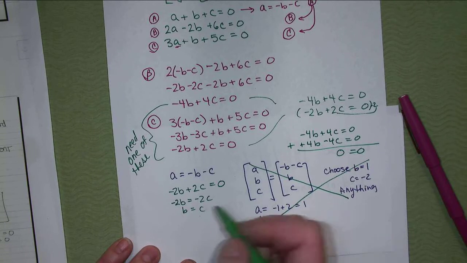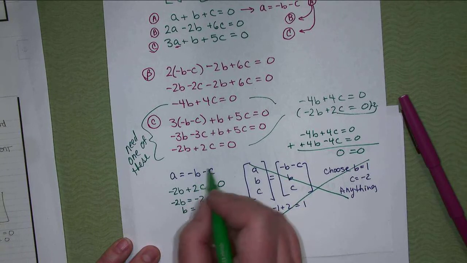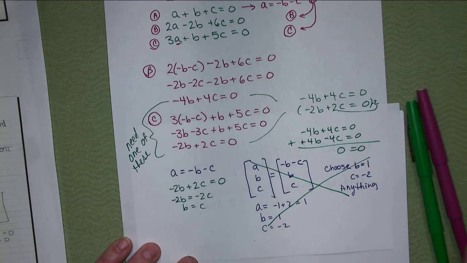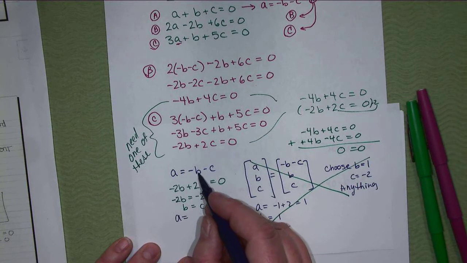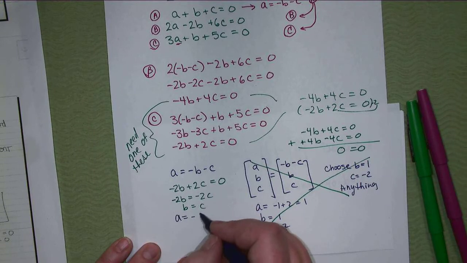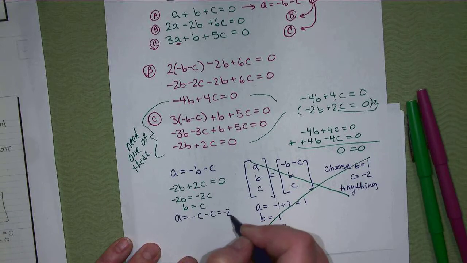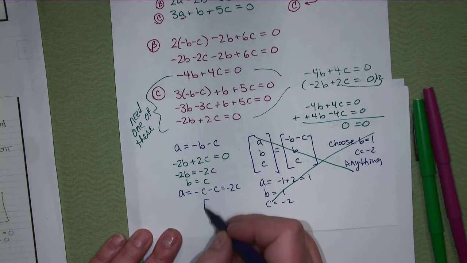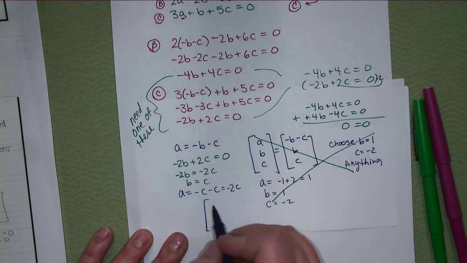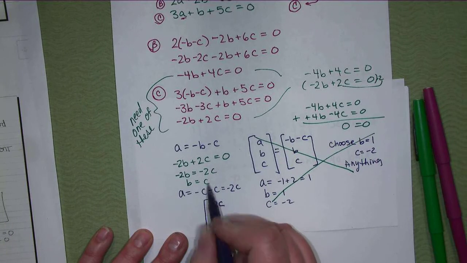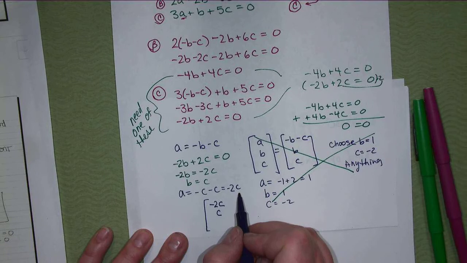So if b equals c, we can get rid of one of these in a. Doesn't matter which one. Let's replace the b with a c. So we get minus 2c, and now we do get just one choice. So our a is minus 2c, our b is c, and our c is c.